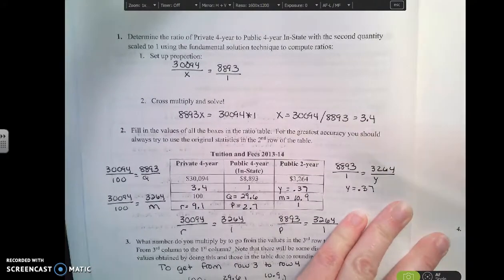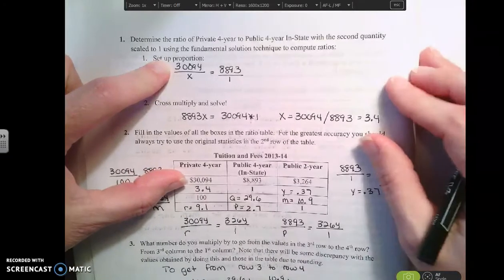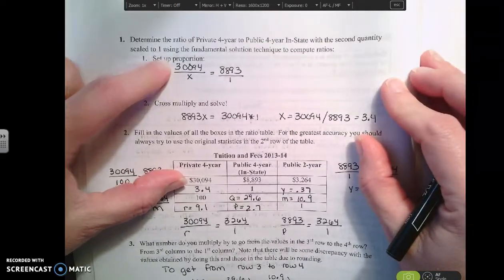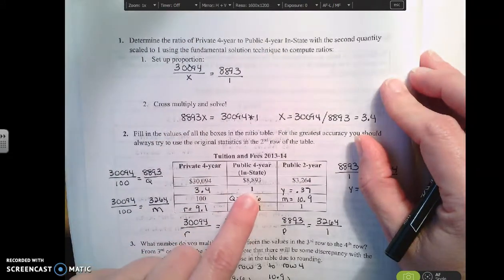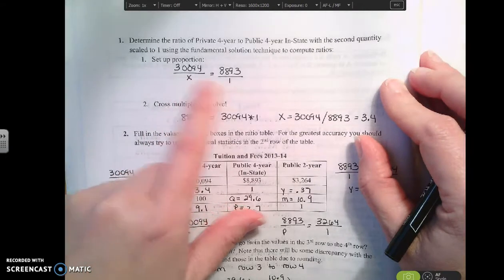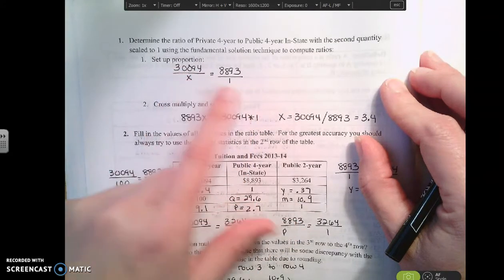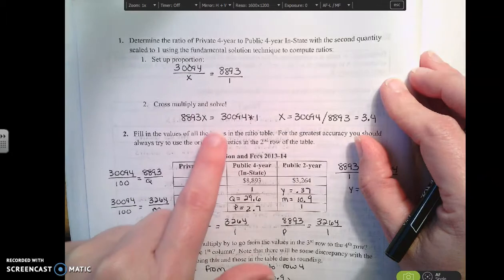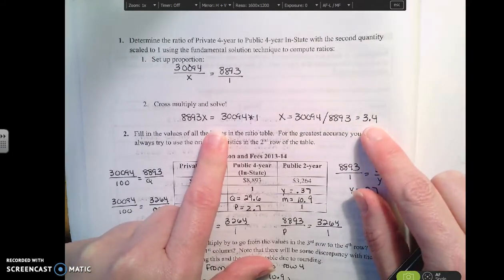So what they're asking you to do is take the information about private 4-year colleges, which is 30,094, and public 4-year colleges in state, which is 8893, and you're writing a proportion with the second quantity scaled to 1. And so when you cross multiply and find the product, you end up with a ratio of 3.4.